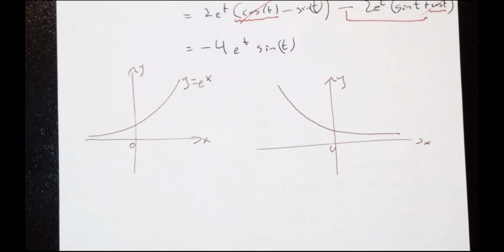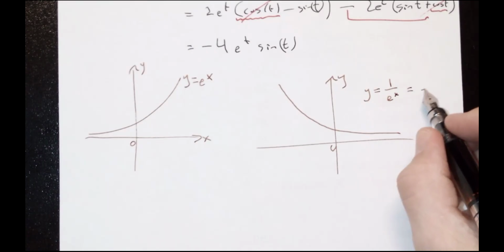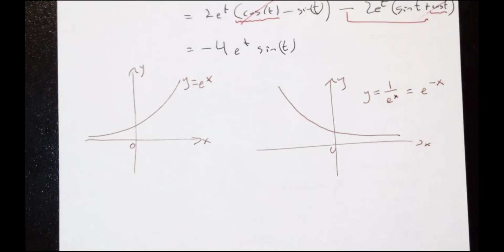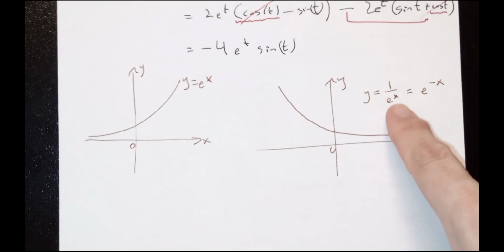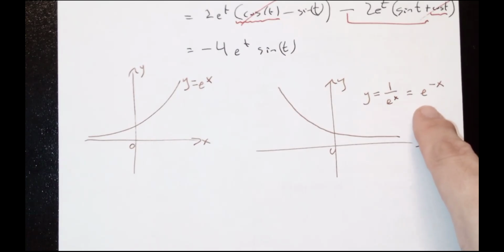Yes. Which is the same as e to the negative x. I can do the quotient rule, right? How do I deal with it when it looks like this?